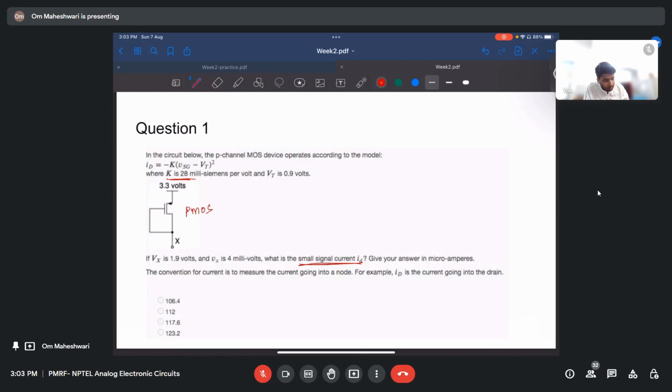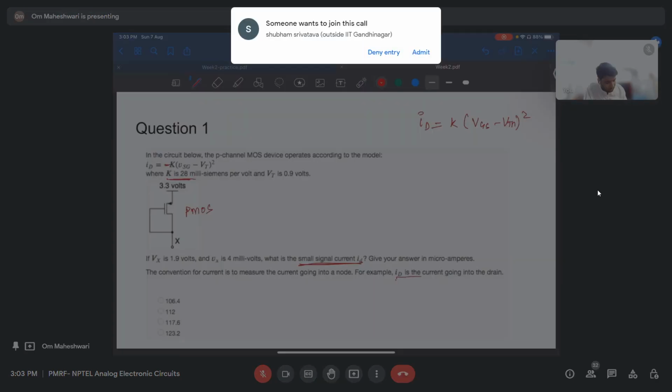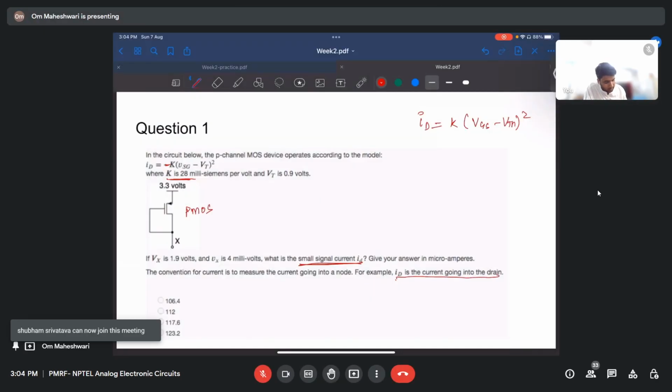ID equals K times (VGS minus VTH) whole square, right? And here they have taken a minus because they have taken a sign convention, that the current going into the drain is positive. That means they have taken this direction of ID to be positive, but current will actually flow like this, so here it is negative.